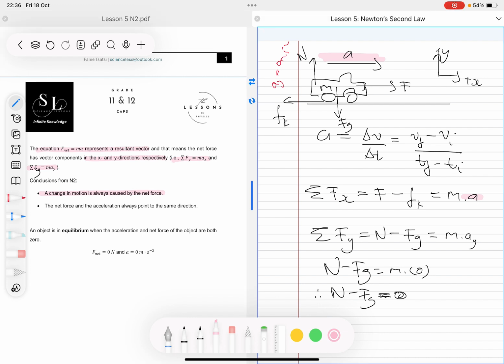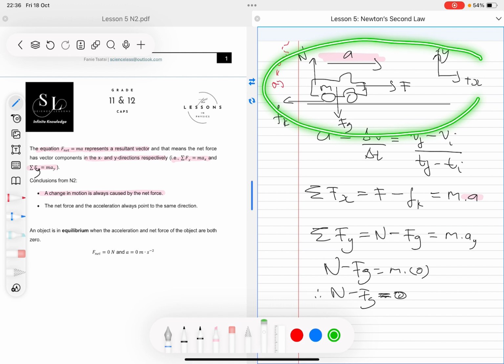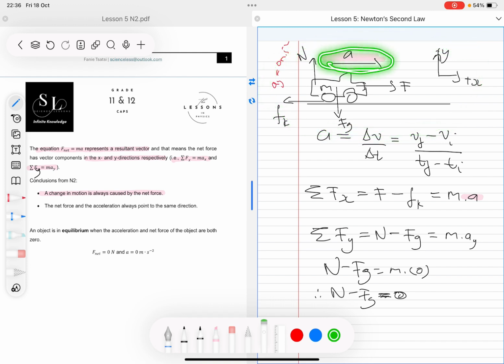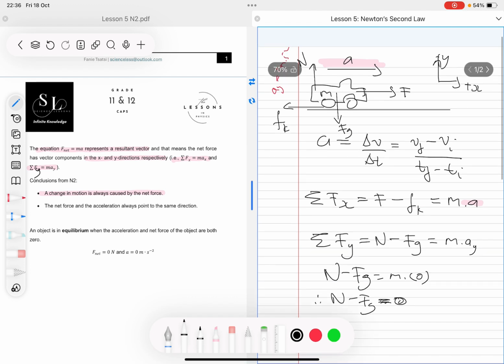So to go back to this diagram, for this object to have an acceleration, for it to move, it is not caused by this force alone. It is caused by this force and this force combined, giving us the net force. For an understanding of this, please refer to lesson 1, where we've broken down the net force and what it means.